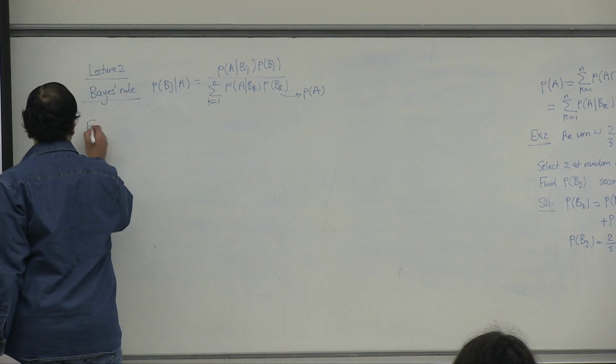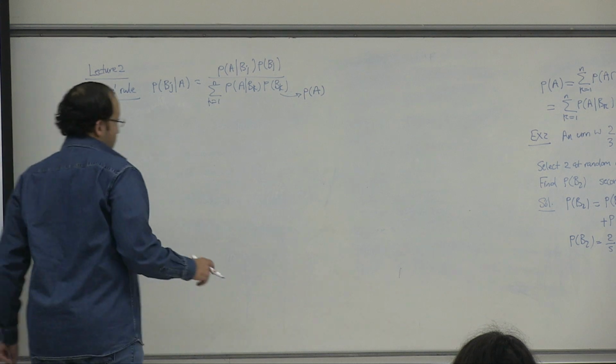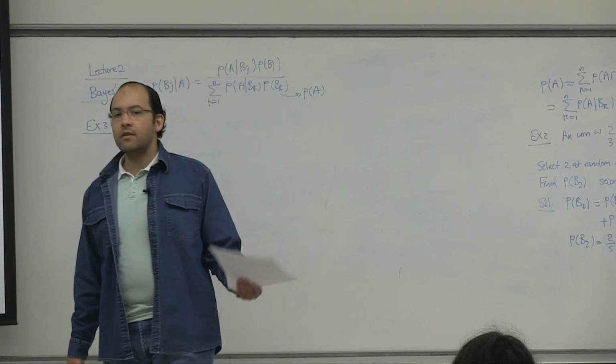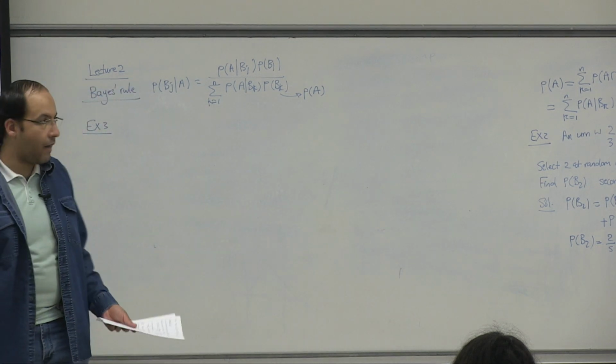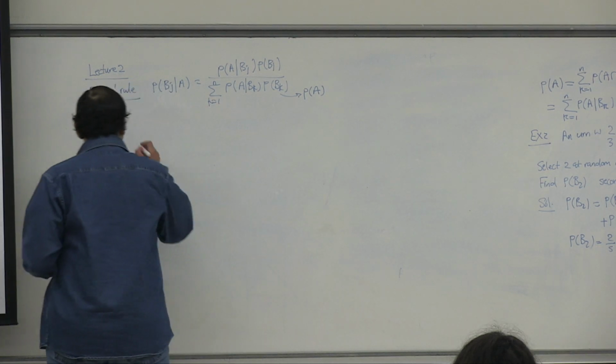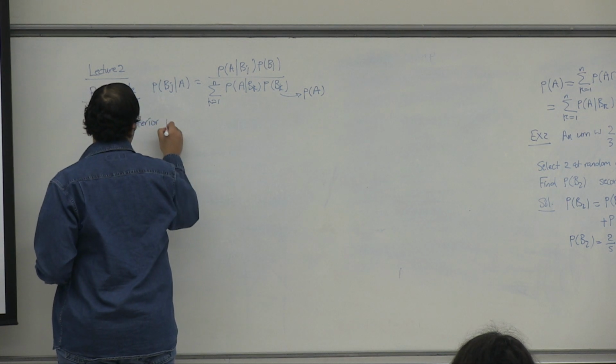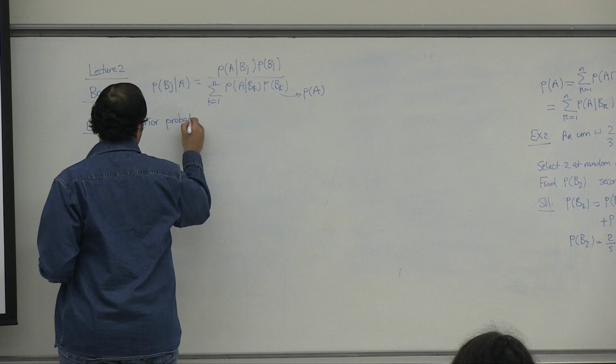Let's do this example, example 3. We just talked about the probabilities of what was transmitted being something, and we called it the a priori probability. And now we will talk about the posterior probability, or a posteriori probability.